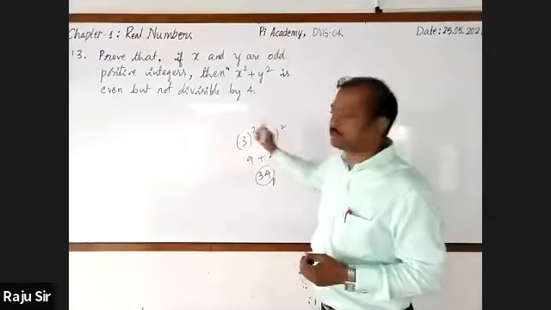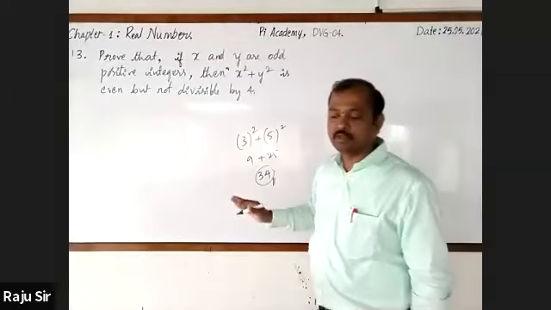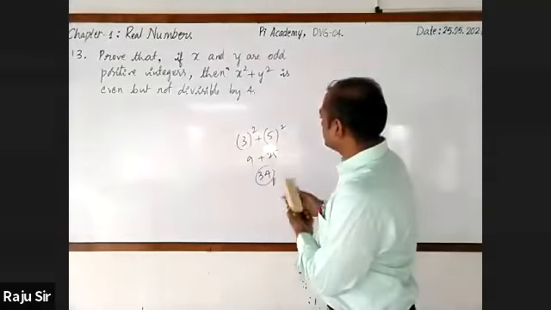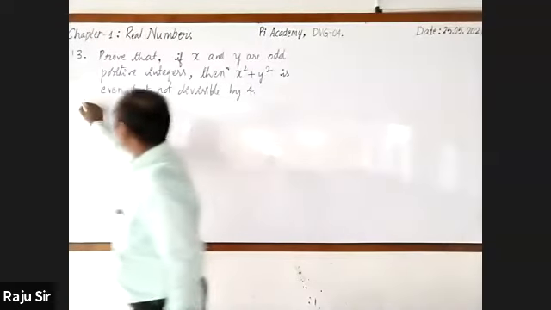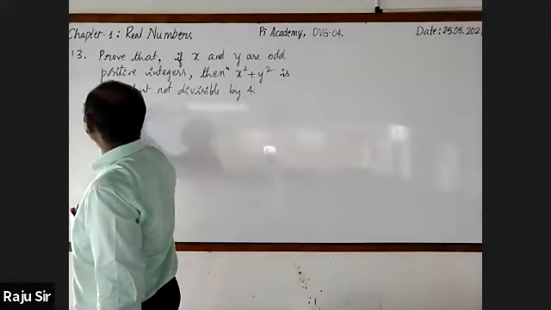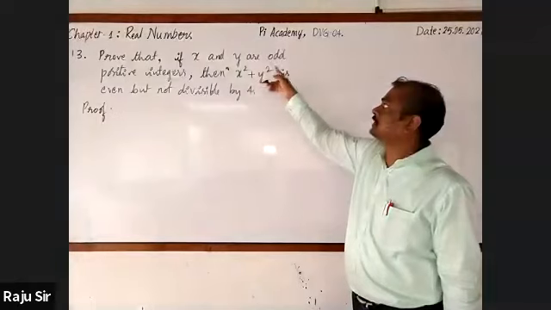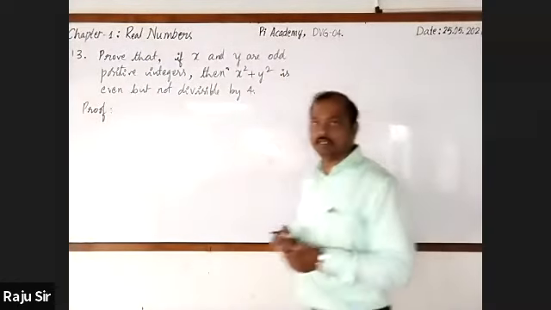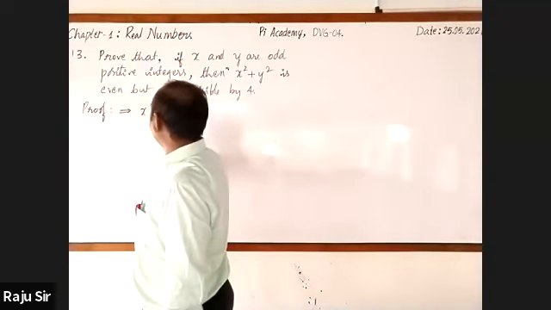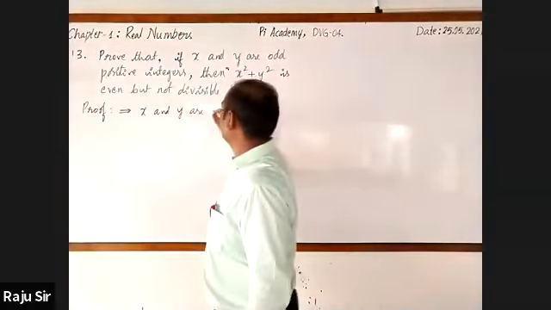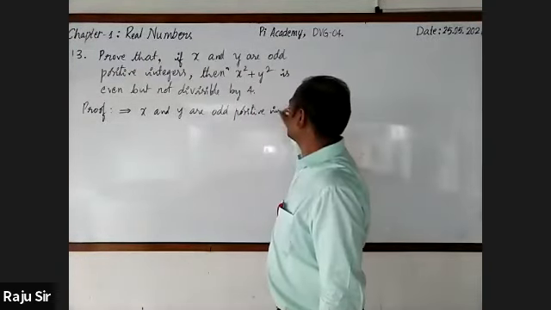This is practical. Just by taking 3 and 5 as odd numbers we have shown it. Let's go for proving the statement with logical steps. They have only given that x and y are odd positive integers.